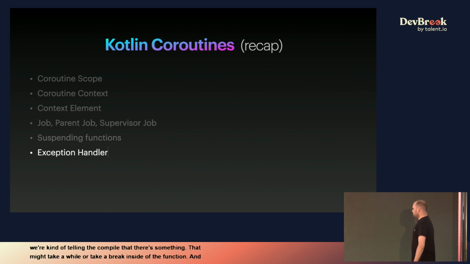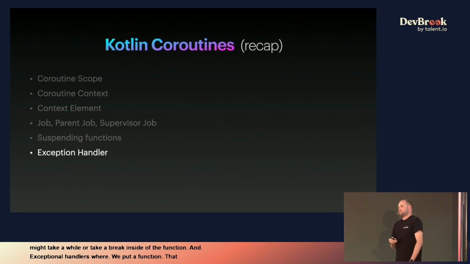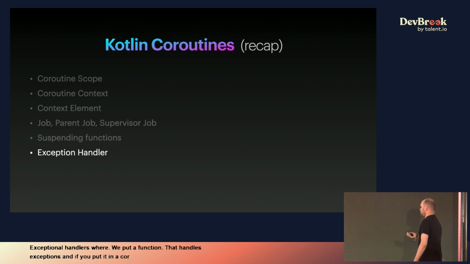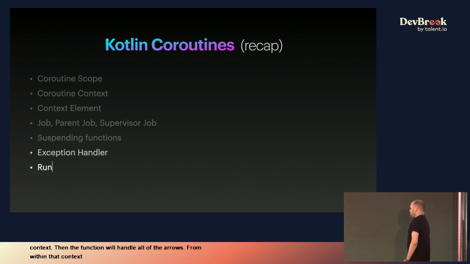And exception handlers, where we put a function that handles exceptions, and if you put it in a coroutine scope inside of the coroutine context, then the function will handle all of the errors from within that context.